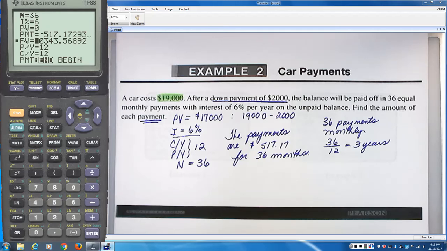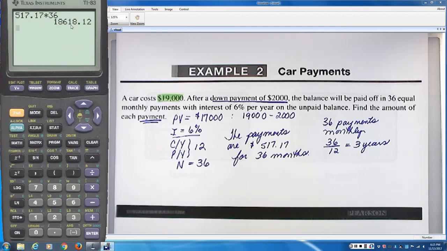The future value doesn't consider the $2,000, although that would be a tempting thing to consider, given that it's about $2,000 more.